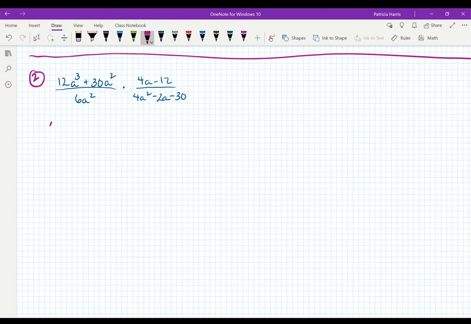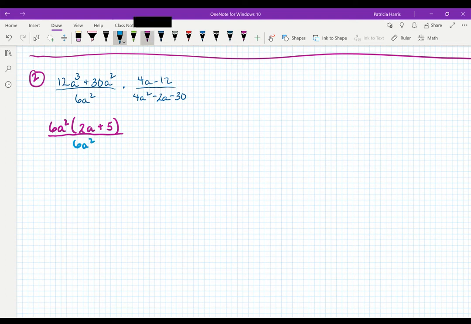So I'm going to go like this, 6a squared. And remember, when you factor out a greatest common factor, you're dividing. So it's 2a plus 5. All over, well, 6a squared is a monomial, so it doesn't factor.